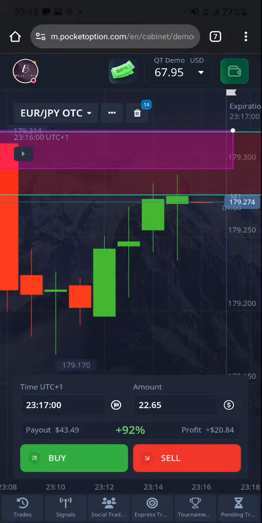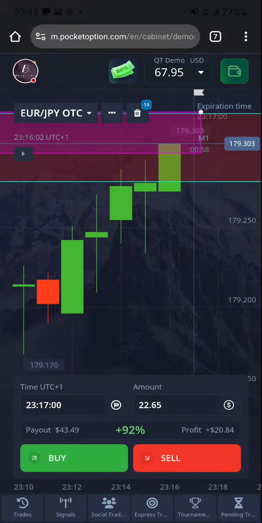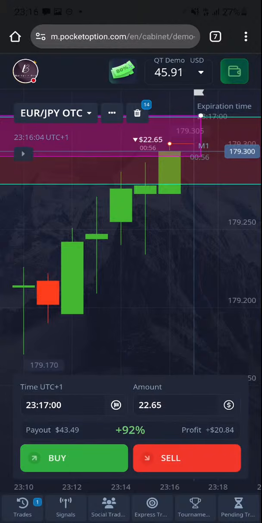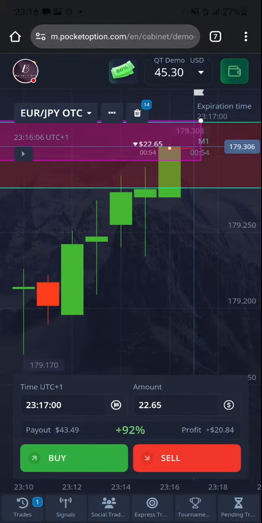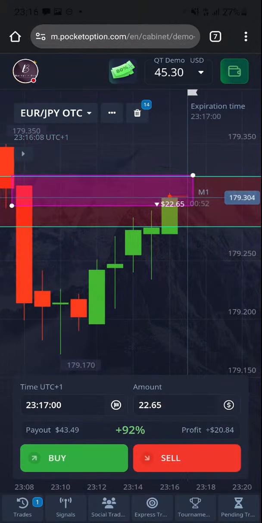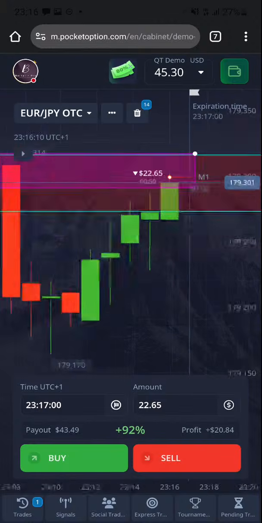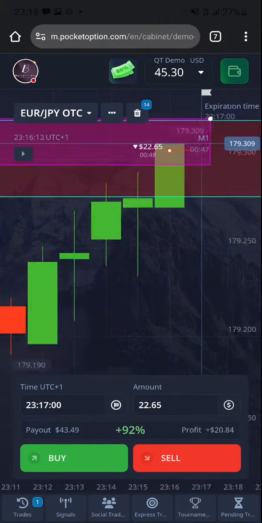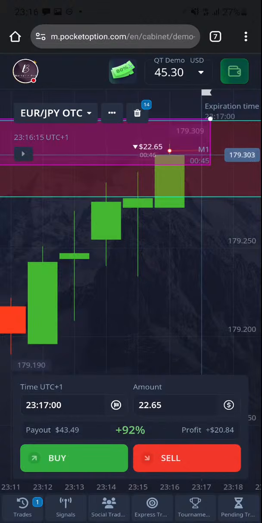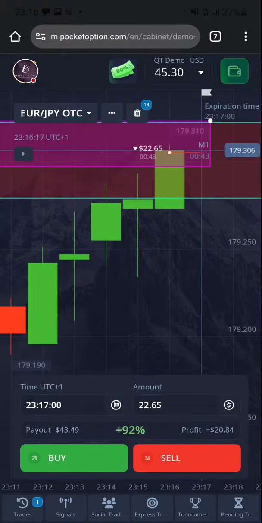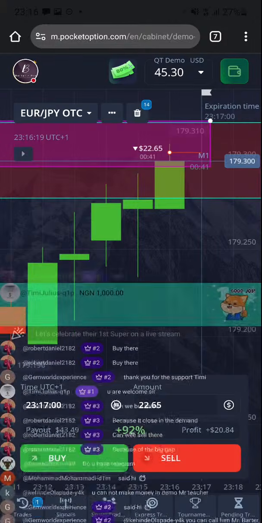Come on now. Oh, we have a gap down. I'm very skeptical about taking this trade because of this gap down, but I'll still take it anyway. Now the probability of this trade is not very high anymore, but I'm still going to take it because I've made up my mind to take it. Let's see, I'm expecting a pullback at least.